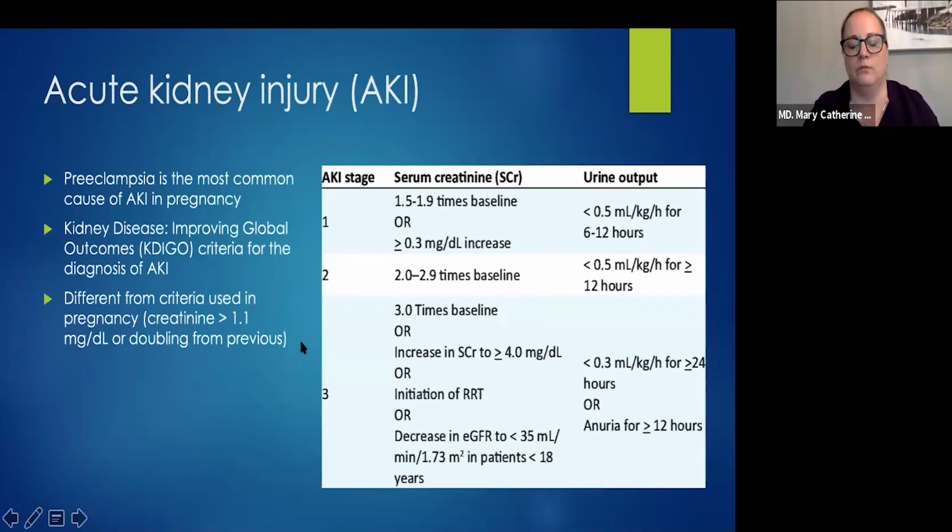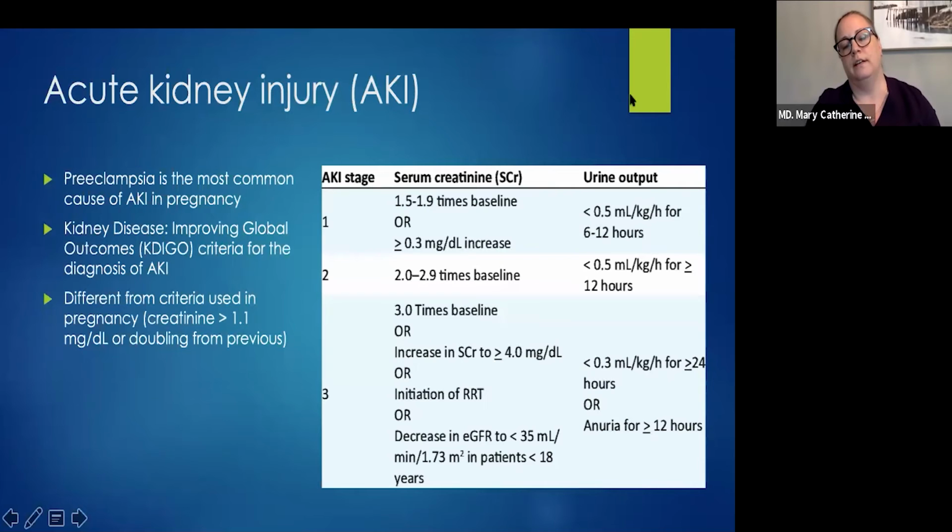So I won't review that completely, but that's basically for non-pregnant adults. We tend to simplify it, at least for our diagnostic criteria for preeclampsia, to a creatinine greater than 1.1 milligrams per deciliter, or a doubling from a baseline or previous creatinine if that information is available.